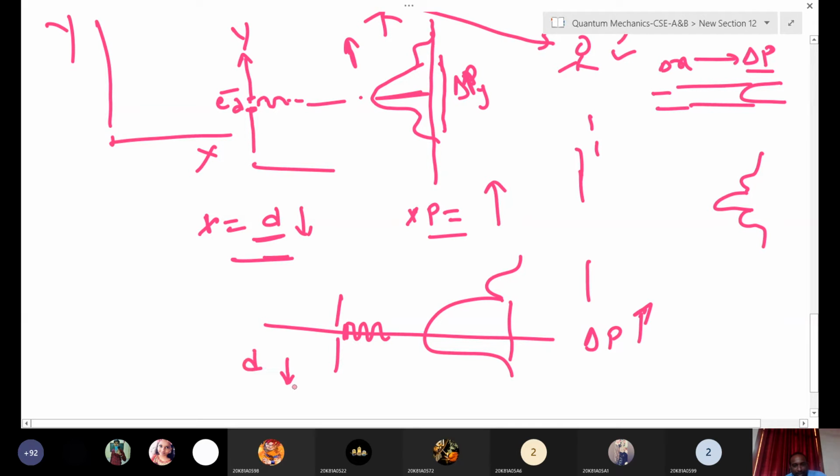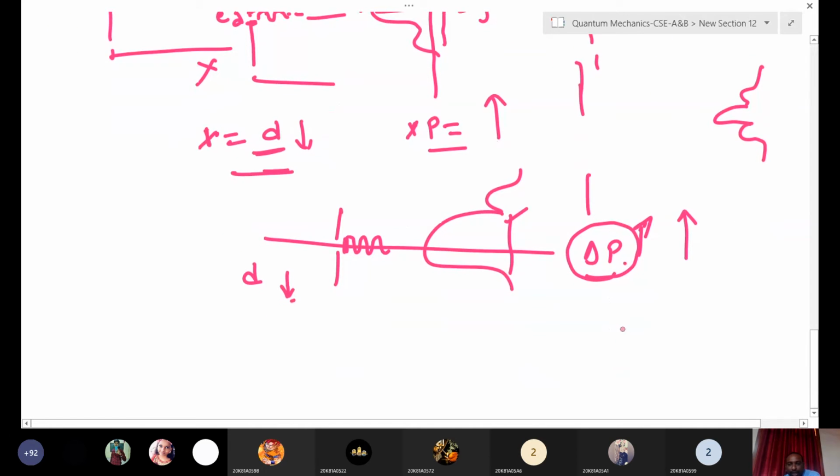When the width is small, the diffraction pattern is more, and the uncertainty in momentum will be higher. The error in momentum will be higher. So if you want to reduce the error in momentum, you have to increase the slit width.